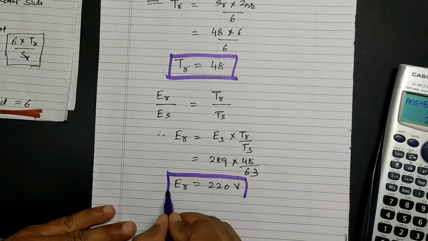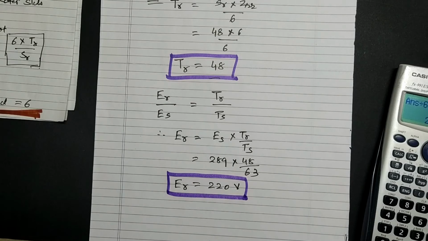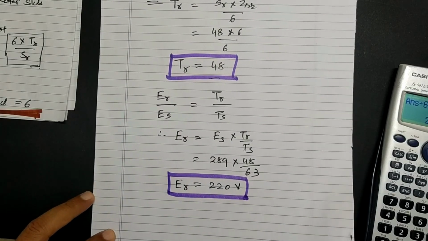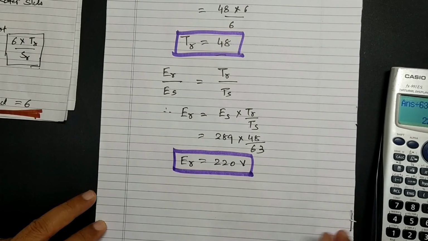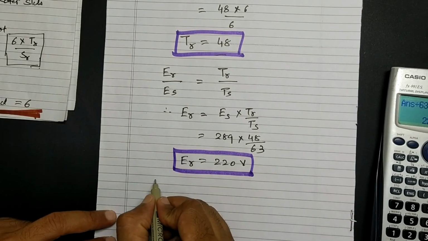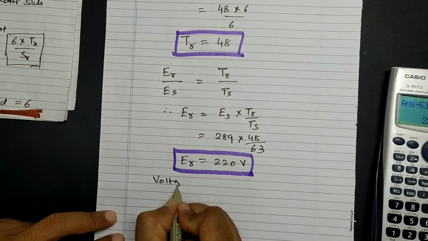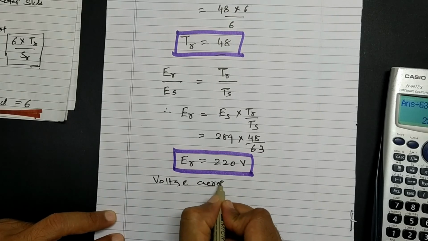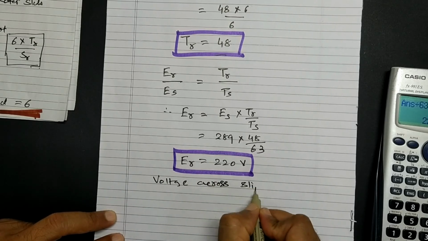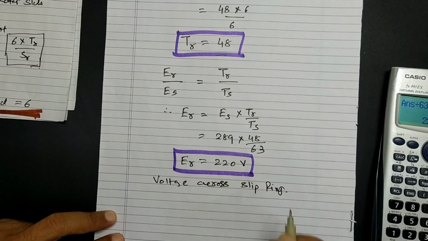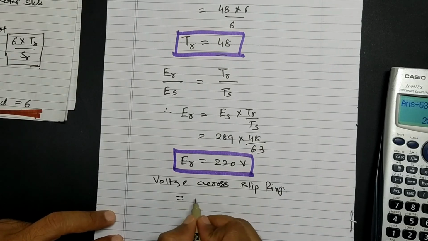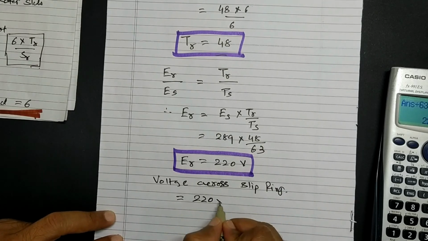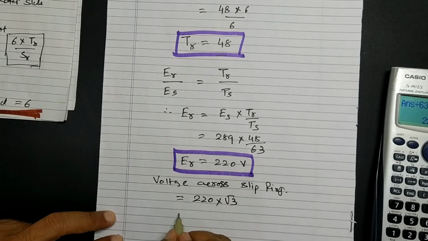So across the slip ring, this is phase voltage, and if we have already considered it as star connected, then the voltage across slip ring is 220 multiplied by root 3.